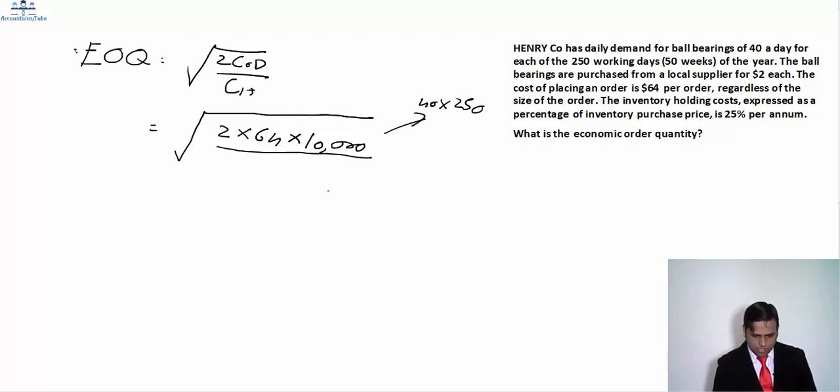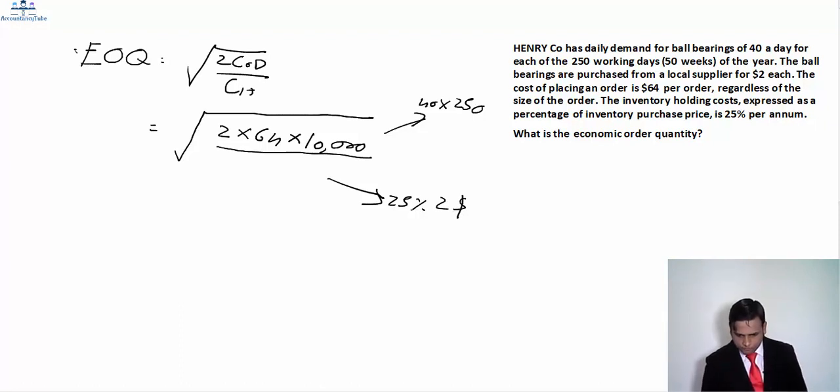And then we need our holding cost. Holding cost is 25% of the purchase price, as the percentage of inventory is 25% per annum. So 25% of the purchase price we have, which is $2 each, gives 0.5.